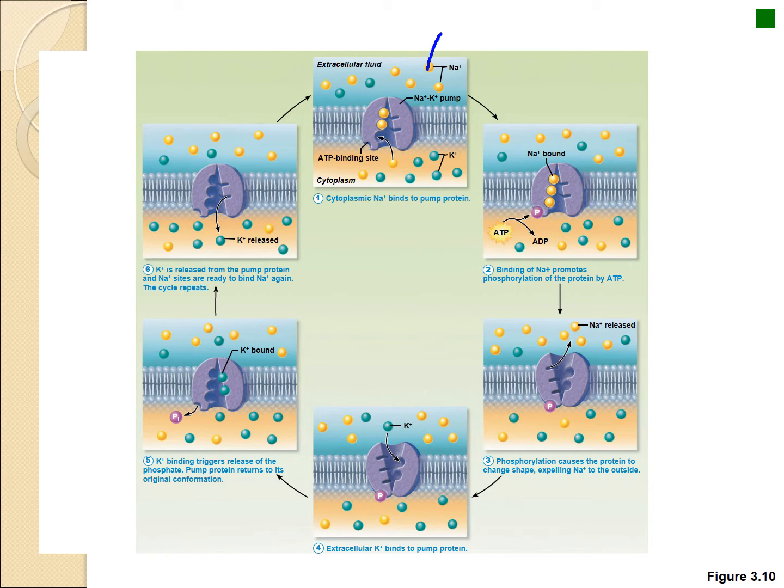Now, this particular pump also at the same time moves material in, but let's not worry about that. So here we go. What this cell wants to do is make the outside of the cell more concentrated with sodium. That cannot be done with diffusion. You can't put a dilute concentration of salt on the outside, because the natural tendency for diffusion is for the sodium to push itself in because of the concentration gradient of sodium.